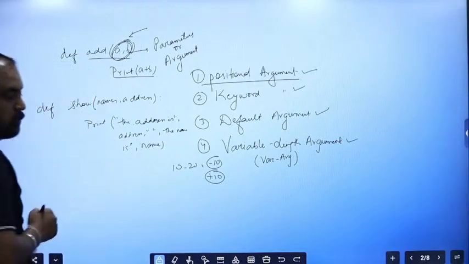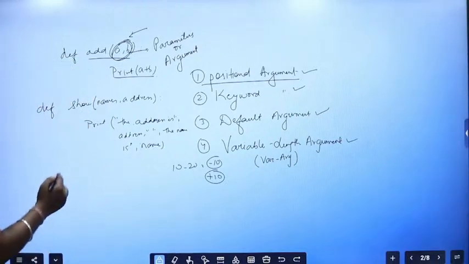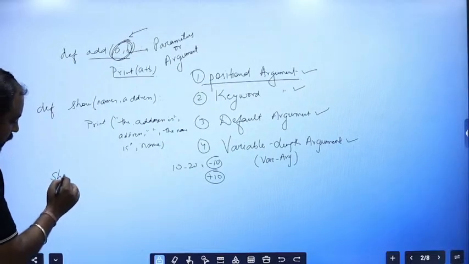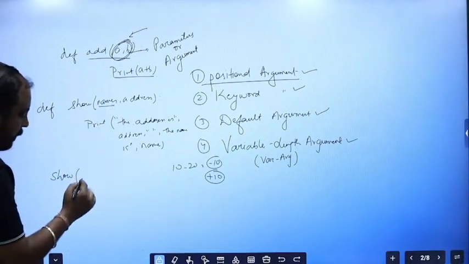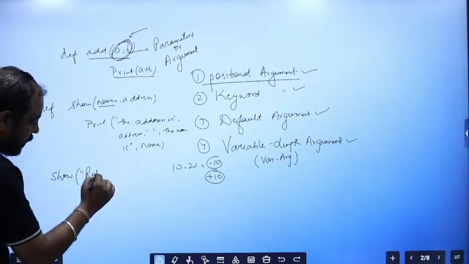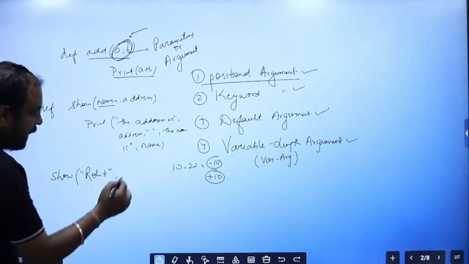Now I want to call this function. So show, first you need to write name, some name like Rohit, and some address like Thane.